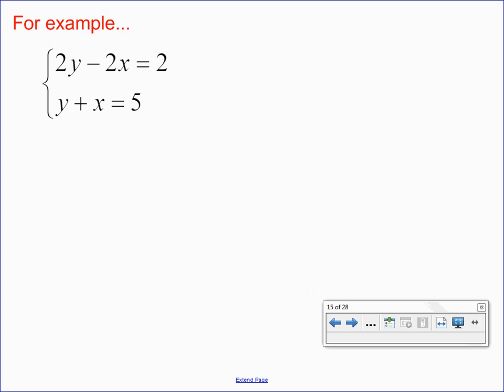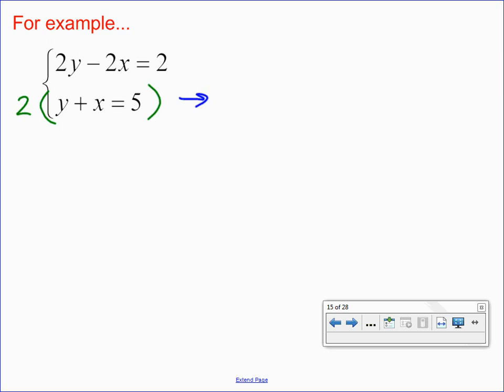Right now, is x alone? No. Is y alone? No. But I'm lined up y's over y's, x's over x's, number over number. So what I'm going to do is purposely multiply the second equation by some number. I'm going to multiply by 2 all the way through to make exact opposites in the x's.